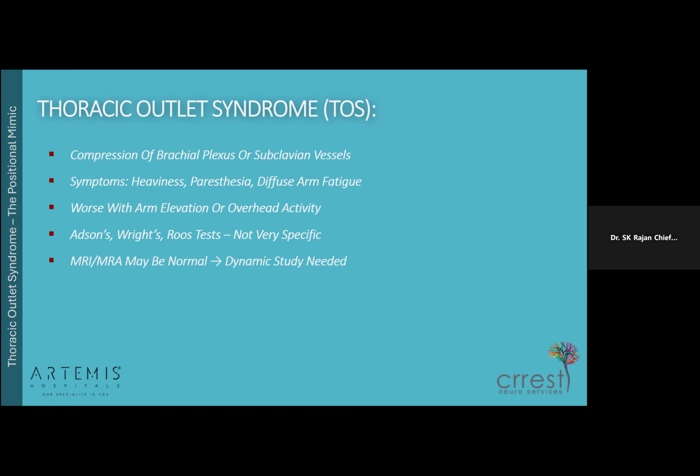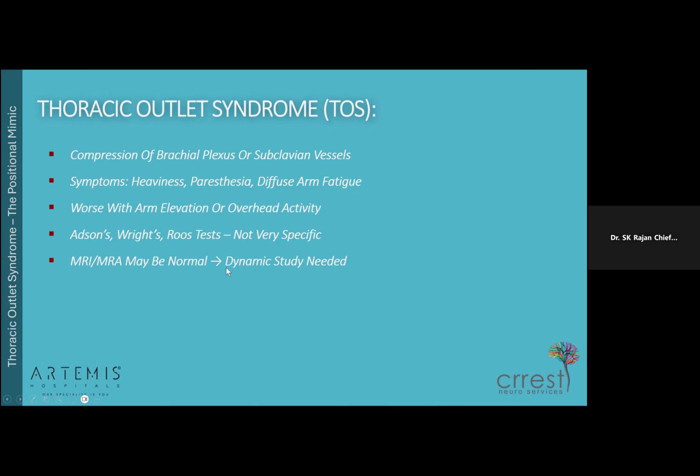It is often neurological, but sometimes it could be vascular also. So that's something that will add to the clue in terms of the patient feeling either bluish discoloration, or there is some cold feeling of that. So there are tests that are being done, obviously Adson's and Wright's, but they're not very specific. So we don't really depend on them completely.